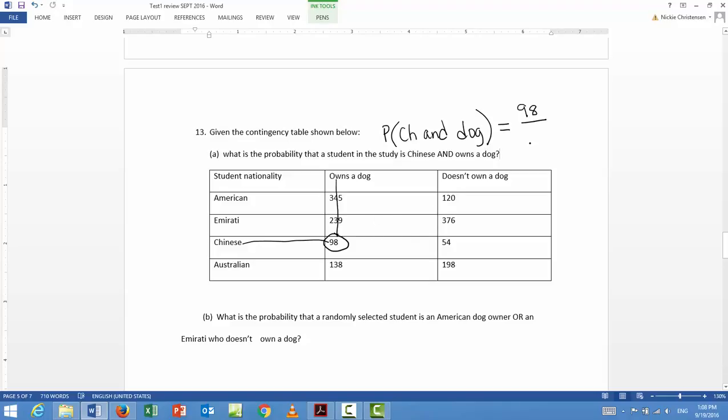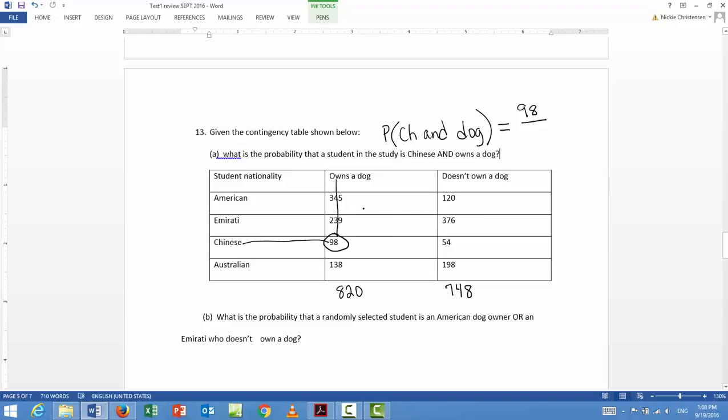Then what do we put that over? Well, really before we started, we should have totaled the columns and totaled the rows. So let's go ahead and do that now. I'm going to sum these four numbers. It gives me 820. I'll sum these four numbers. It gives me 748.